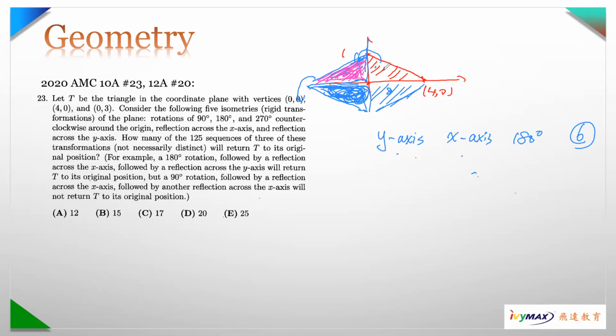That gives you a triangle like this. Right? You cannot go back to the initial shape. So only one reflection doesn't work well.